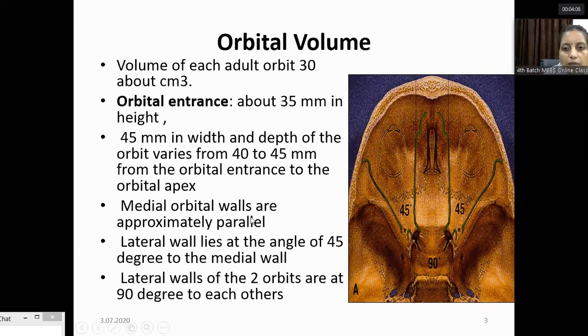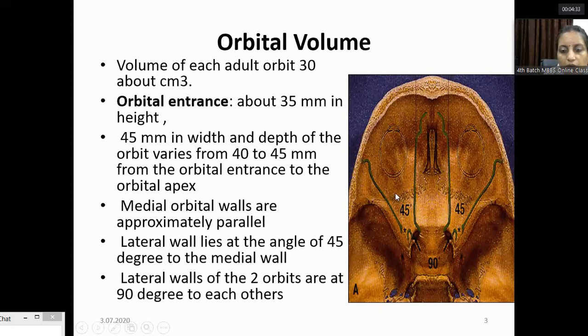So this is the orbital cavity and this is the globe. You see the medial walls are parallel and the lateral walls make an angle of about 45 degrees, and as a whole each orbit makes an angle of about 23.5 degrees with the globe.